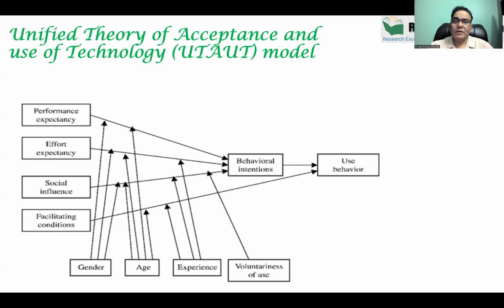Another example is that there are so many papers on OTT. These days many movies come on Netflix and Amazon Prime. So someone researched why people use OTT. Now there are two things here: why people use OTT and why people adopt OTT. When you use the word adopt, the UTAUT model is applicable, and when you write use, the theory of planned behavior is applicable.